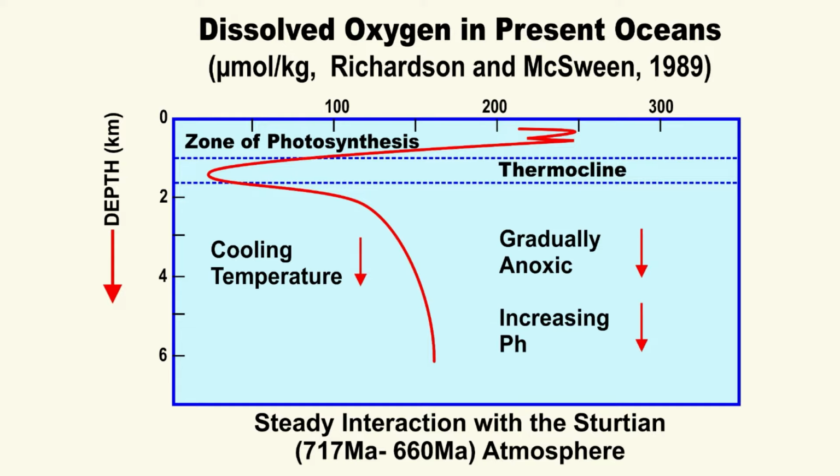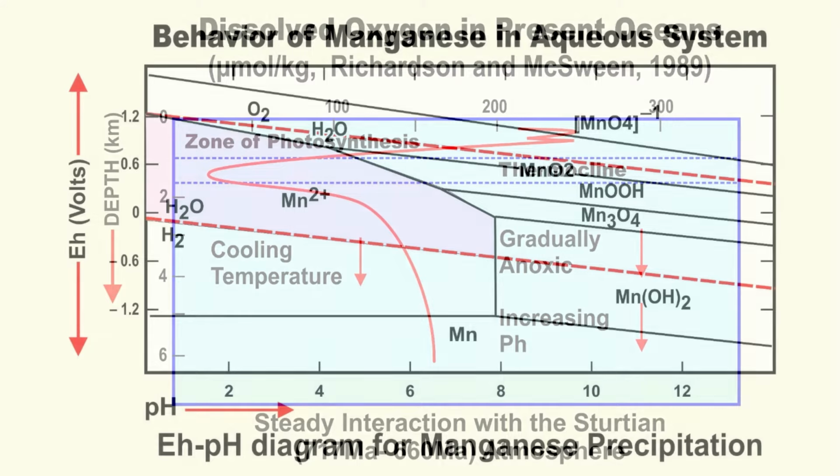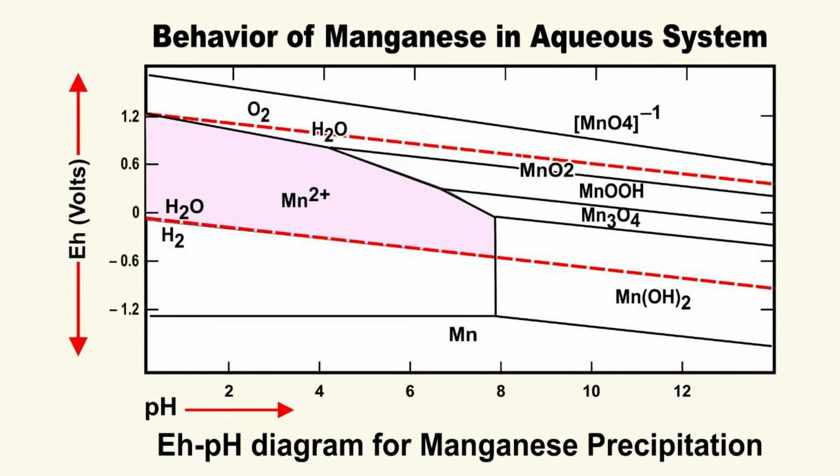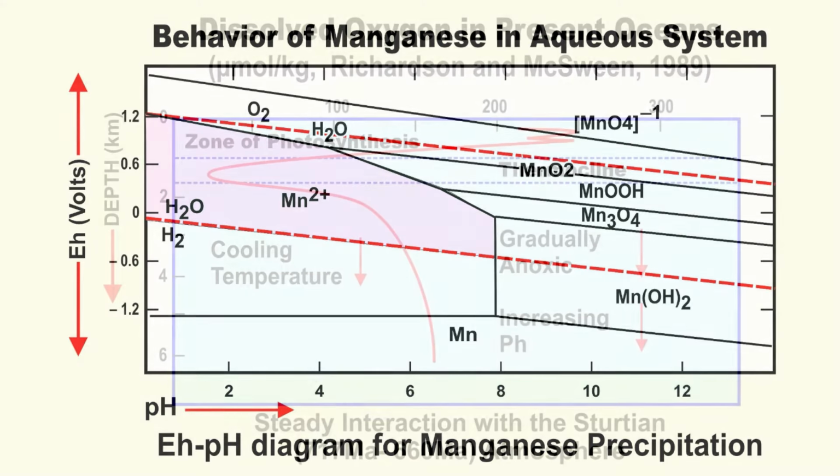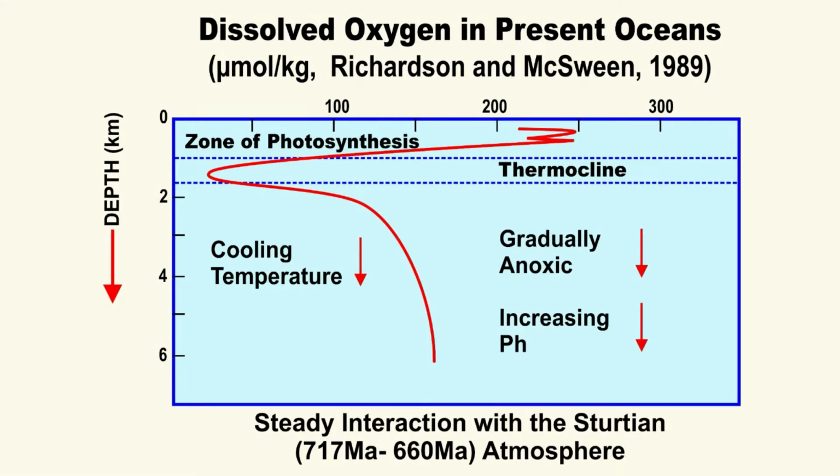The fence proposed by R.M. Garrels in 1960 for the dissociation of water, H2O, into oxygen and hydrogen represents Eh equal to 0, indicating the boundary below which the ocean environment is oxygen poor.